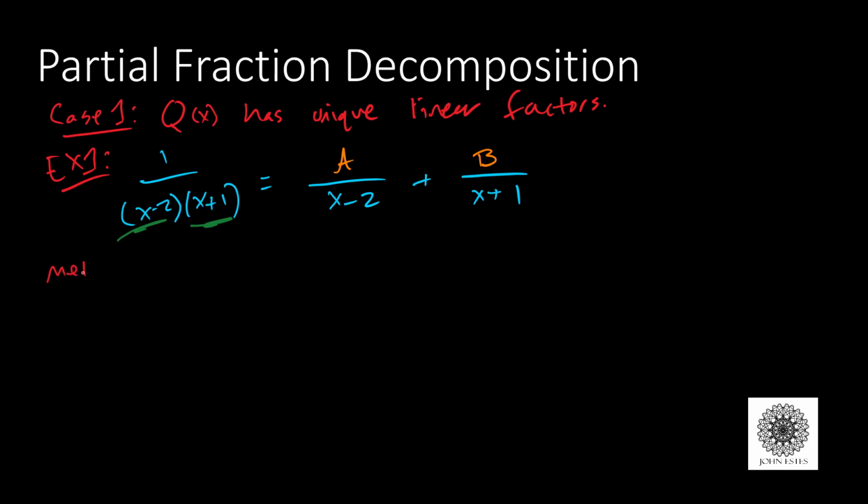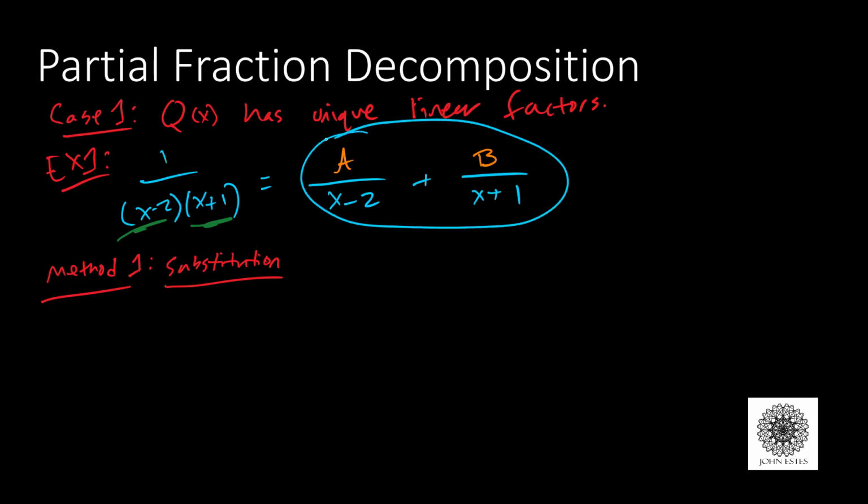So method 1, we'll call substitution. And this is based upon the idea that if I get a common denominator here on my left hand side and I set it equal to my right hand side, I should end up with the equation 1 equals a times x plus 1 plus b times x minus 2.